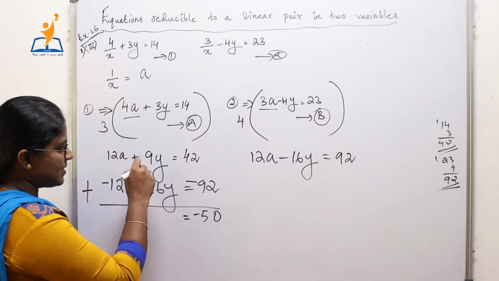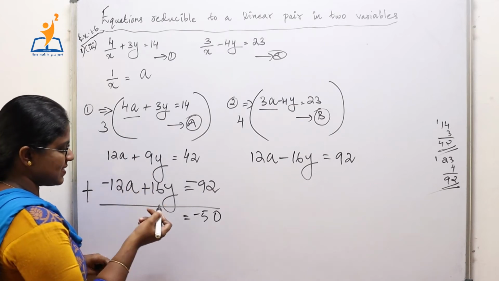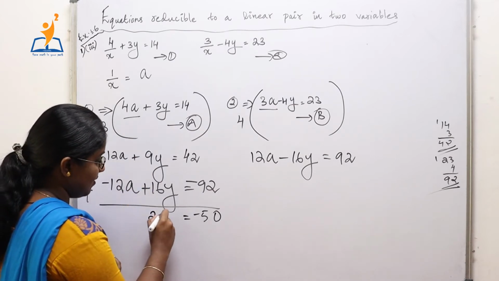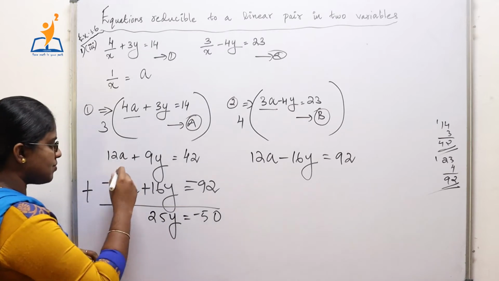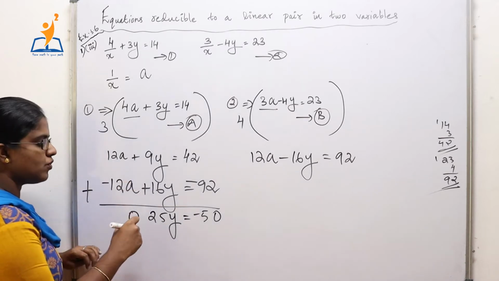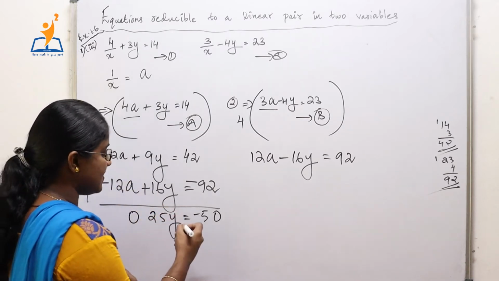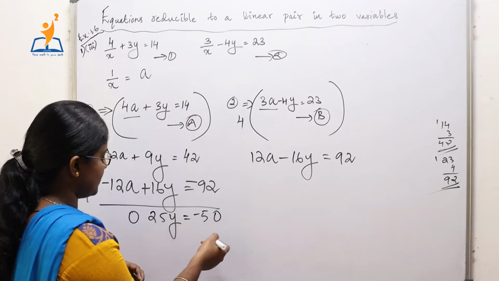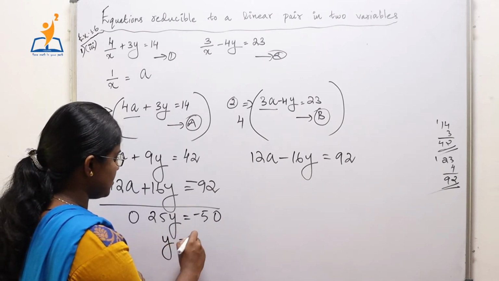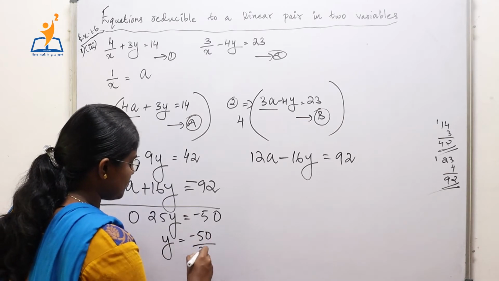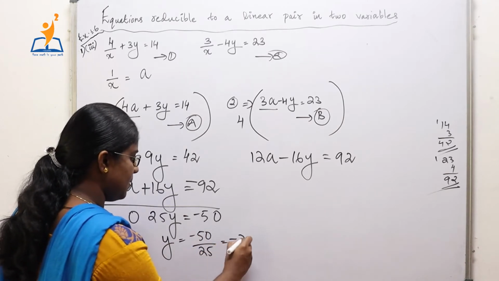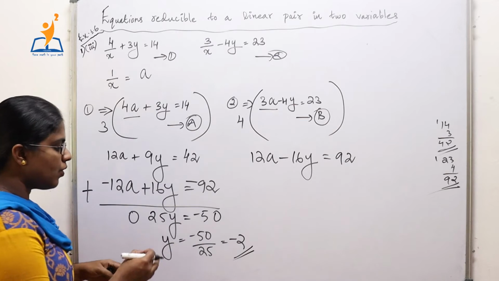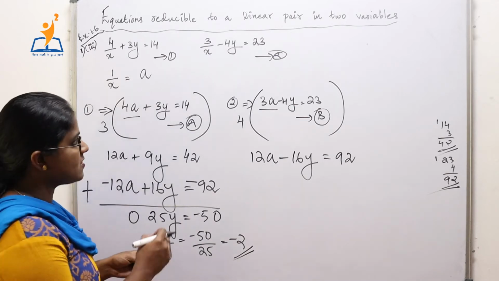So next, 9y plus 16y is 25y. Again 12a minus 12a is 0. So we got 25y is equal to minus 50, which means y is equal to minus 50 by 25, which is simply minus 2. So we got the value of y as minus 2.